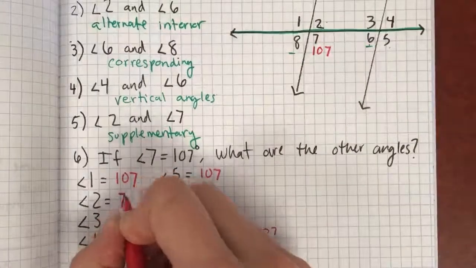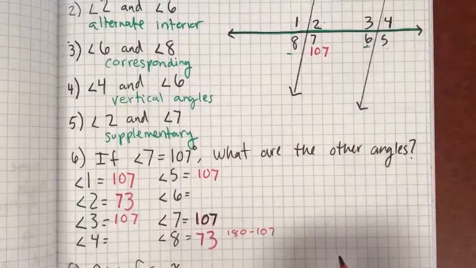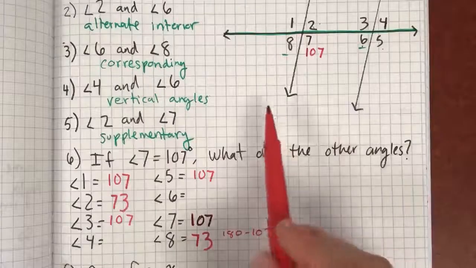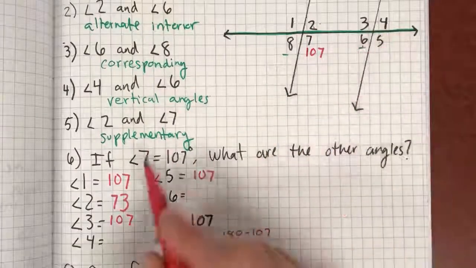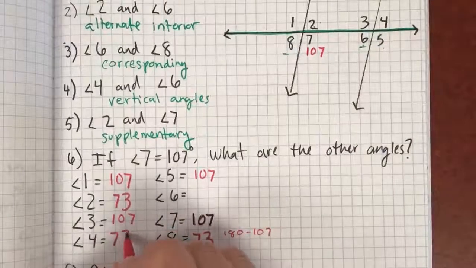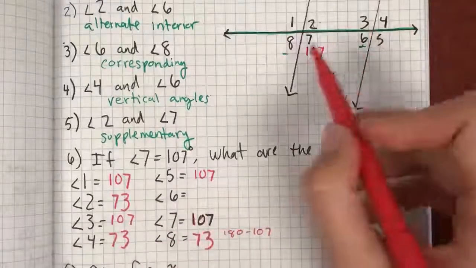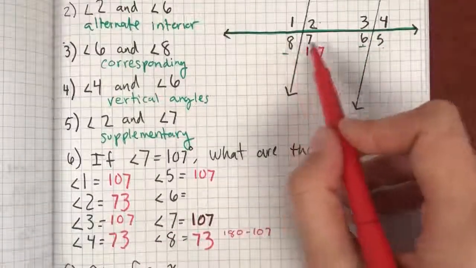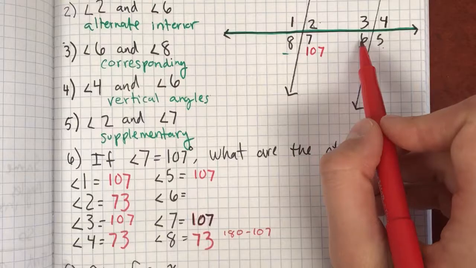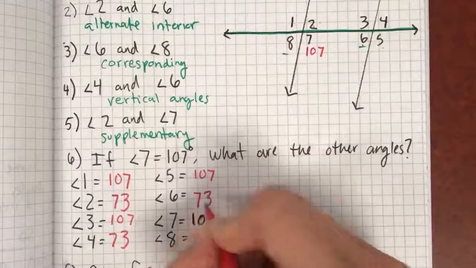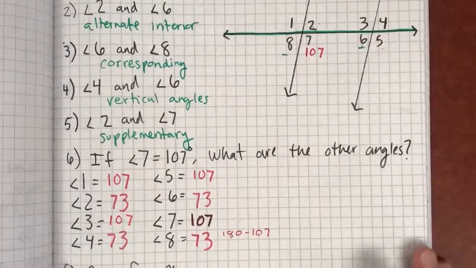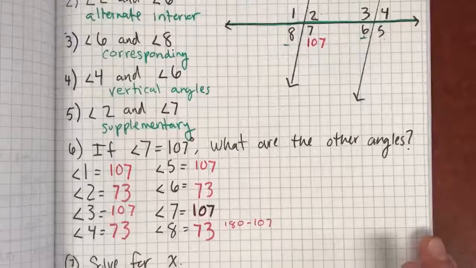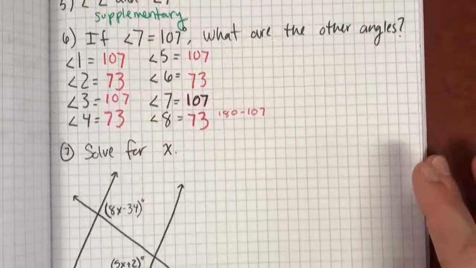So 2 is 73. Okay, 2 and 4 are corresponding. So that means 4 is 73. If I was looking at 8 and 6, those are corresponding angles. And so again, 73. So a problem like this could look a little intimidating, but we have all the tools to find these.